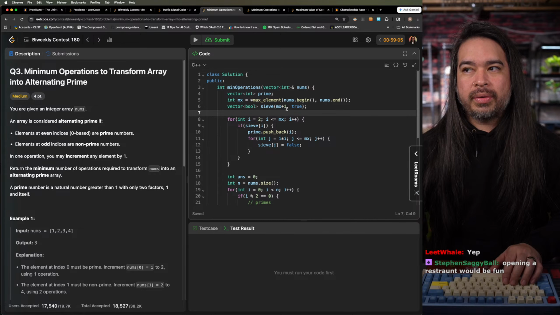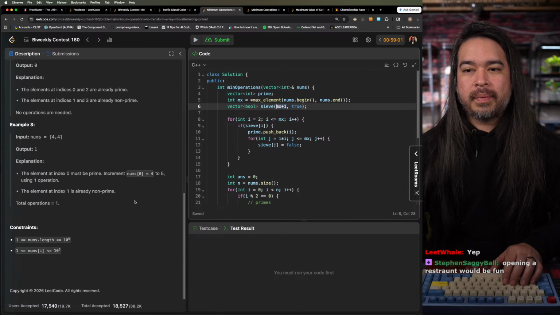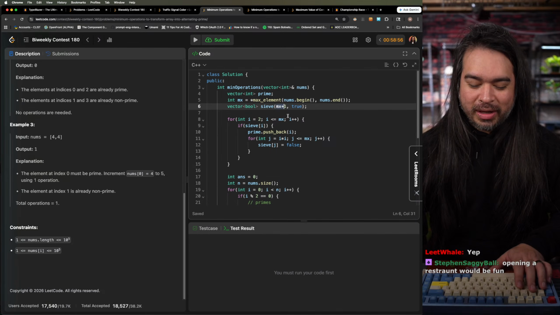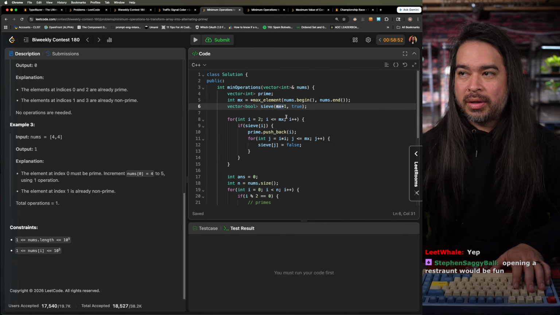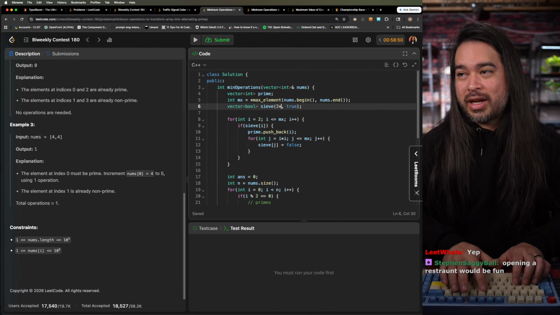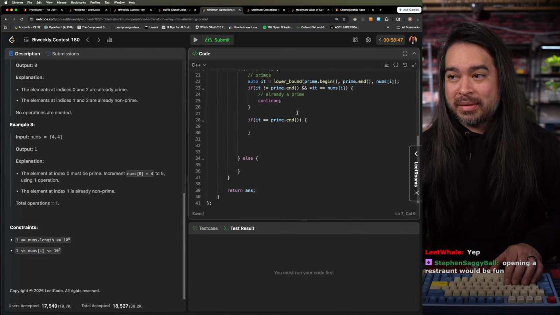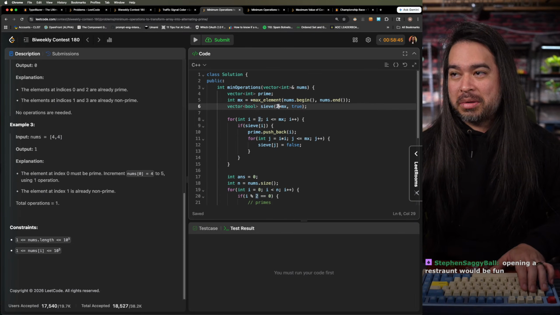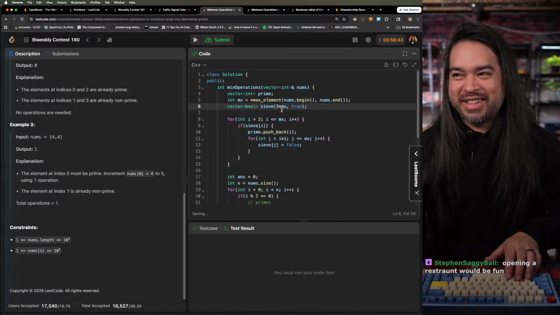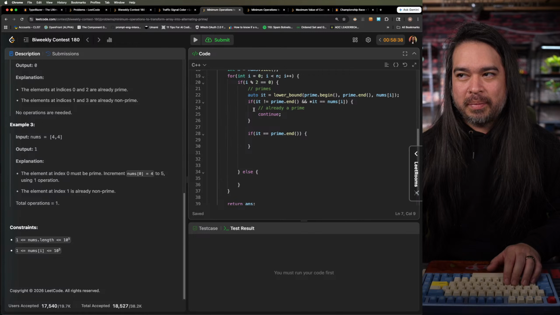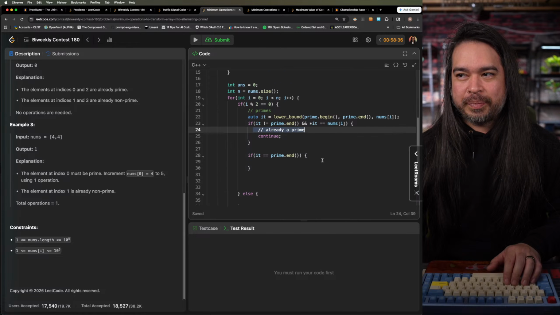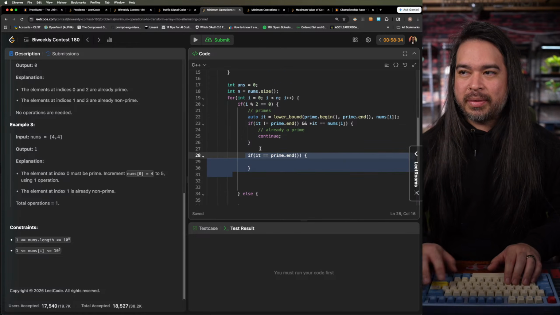But I don't know. Should I just do like 2 times the max? Will that always catch the next prime number? Hopefully. I'm gonna just do 2 times max and see what happens, man. 3? I'm gonna do 2 for now. Right? I think so. Saying this should never happen.